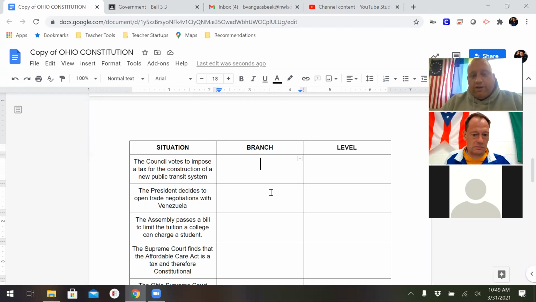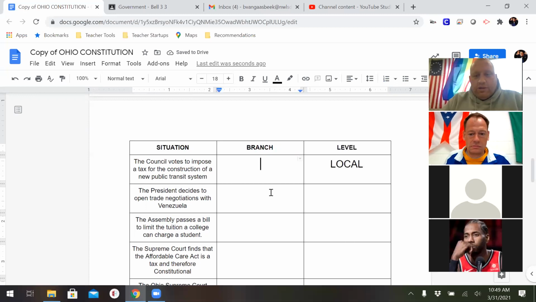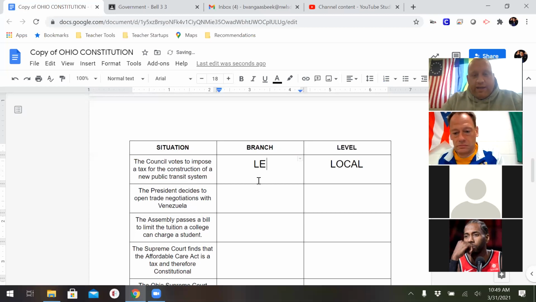If you look at your chart, a council is what level? Local. Okay, so the level is local. Legislative. It's legislative. Very good, Taylor. All right. So legislative, okay? The legislative branch is covered by the city council, and at the local level.